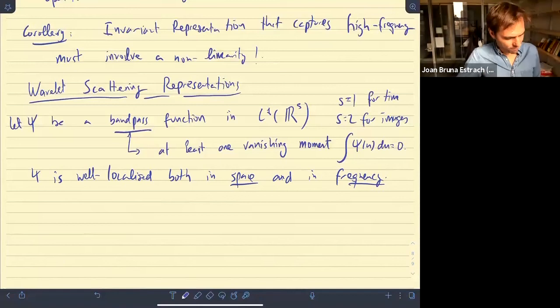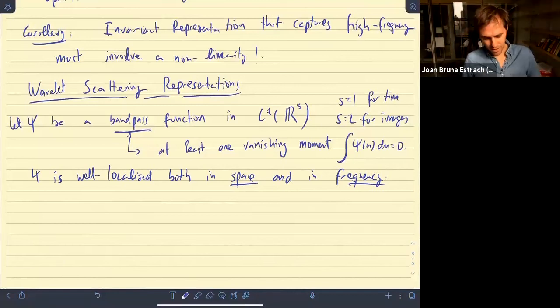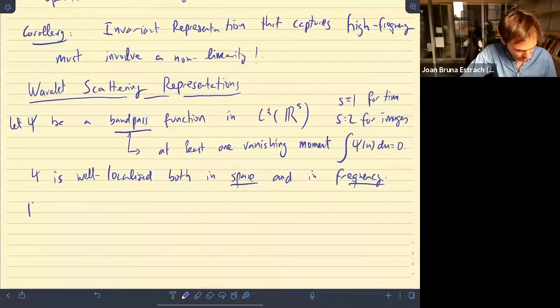Okay, and so let me start by introducing two very canonical, simple examples that hopefully give you the right picture.